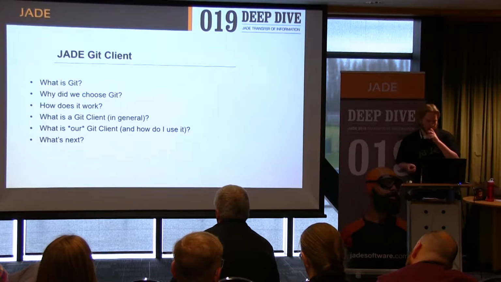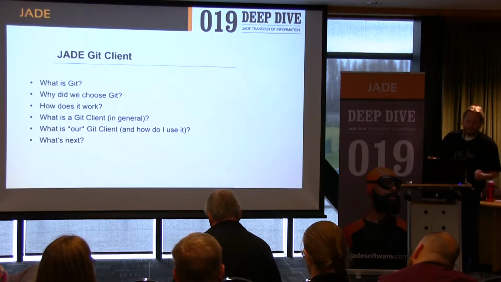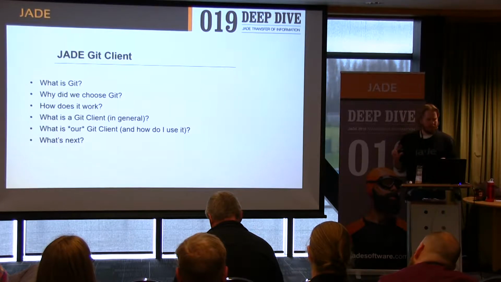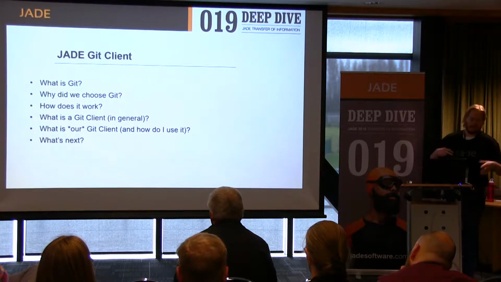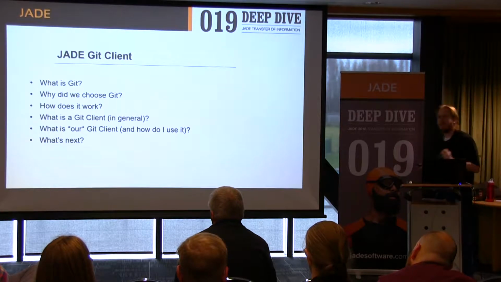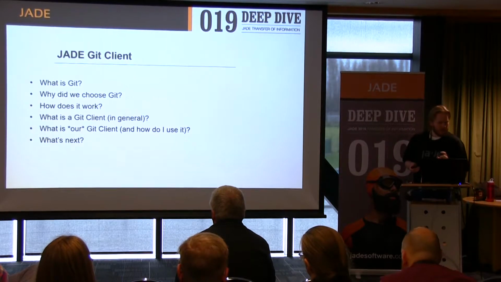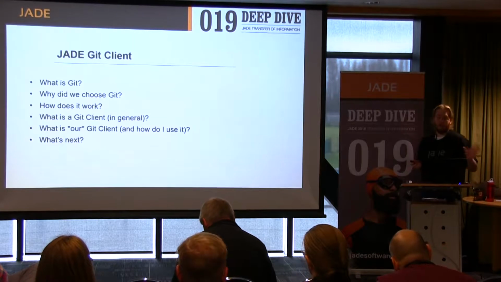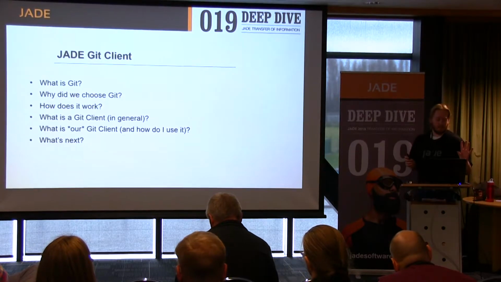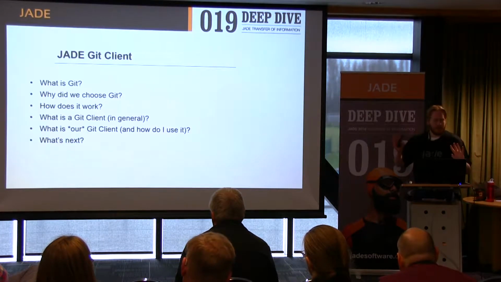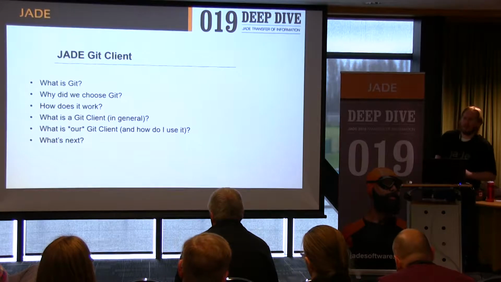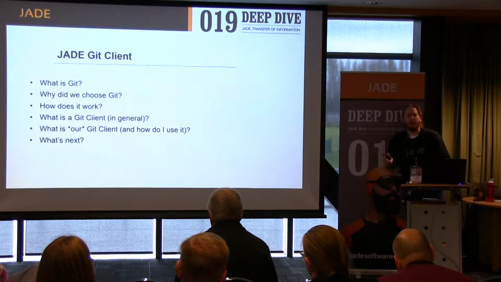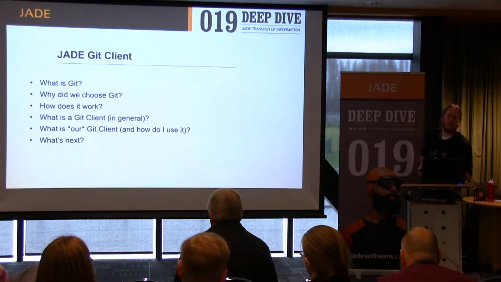So I'm going to start by just talking a little bit about what Git is in general, and then also a little bit about why we chose Git. There's many options we could have gone with. Why is it specifically a Git client? Then we're going to talk about how Git clients work in general, and then how specifically our Git client works, and then just a little bit of a brief picture of what's next. Although, of course, that's really what we're talking about in the workshop.